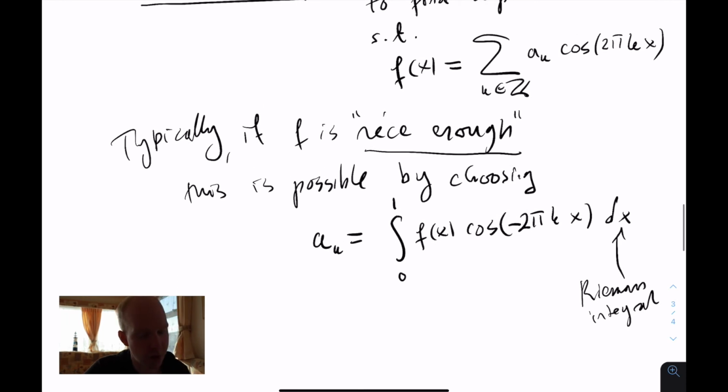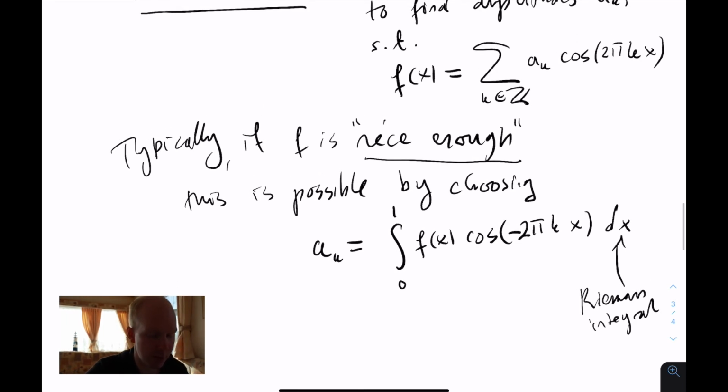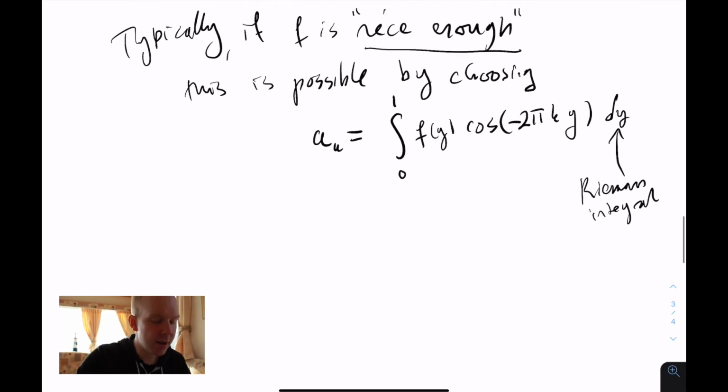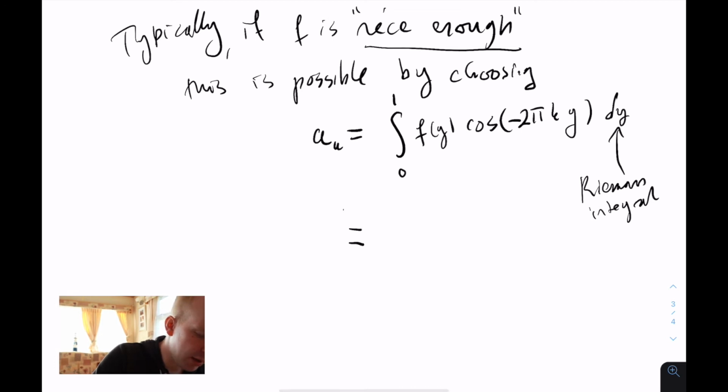So these are the types of coefficients that you would expect to be appearing in the definition. Let me actually write, just in case, y, so that we don't confuse it with this x that we have here. So that's the type of coefficients that you expect, and there's a name for this.